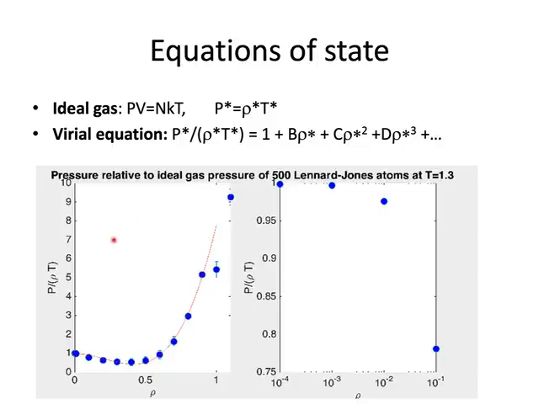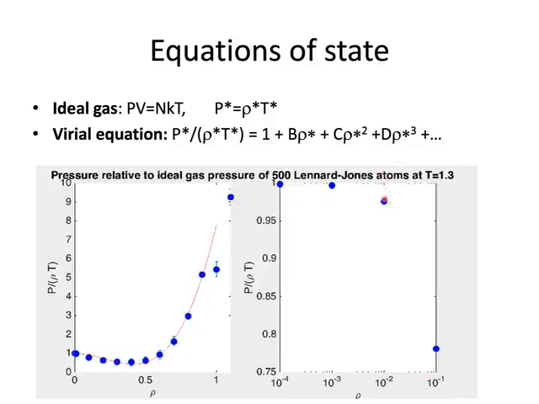Now, here's an example of that. So here I've done some simulations on Lennard-Jones atoms at very low densities, say up to a reduced density of 10 to the minus 2.